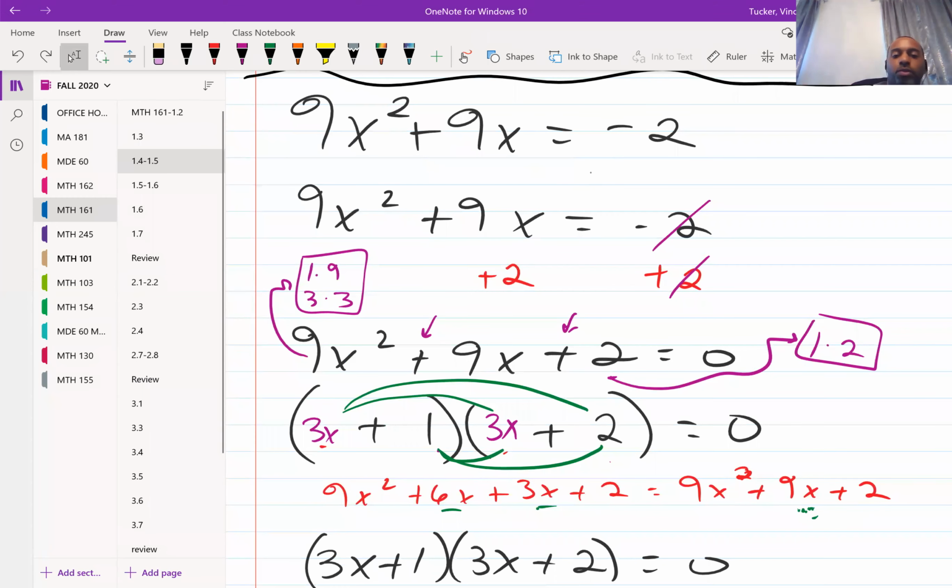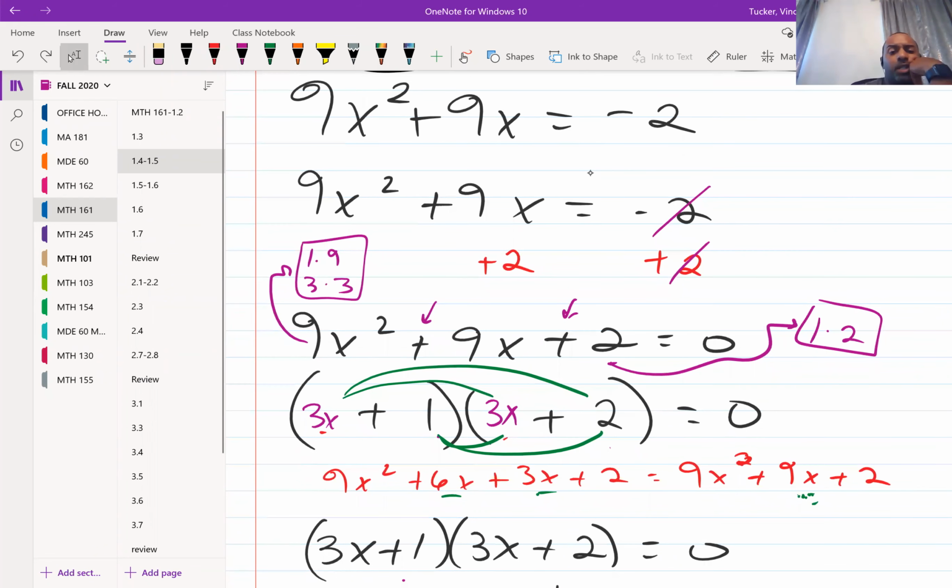And remember, what you choose will be validated by whether, when you multiply it back out, it gives you what you originally had. If I use 1 times 9, I will get 9 in my first term, but will it give me 9 in the middle? That's why you always have to go back and check your factorization by multiplying it back out. So that's what I did here. I chose 3x and 3x.